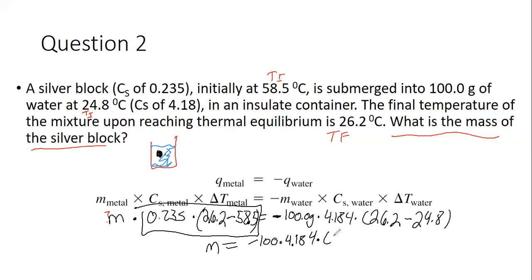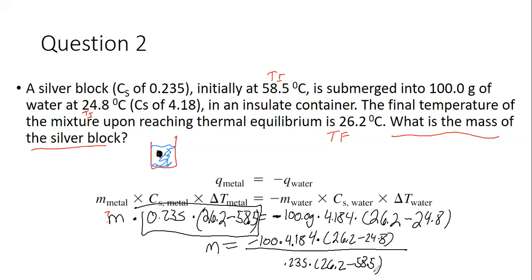Multiplied by delta T, 26.2 minus 24.8, divided by 0.235 times 26.2 minus 58.5.